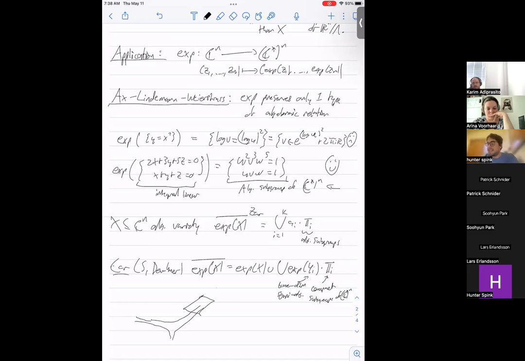But the problem is that the image of this tangent plane under exp is a real subgroup of (C*)^n rather than a complex subgroup.